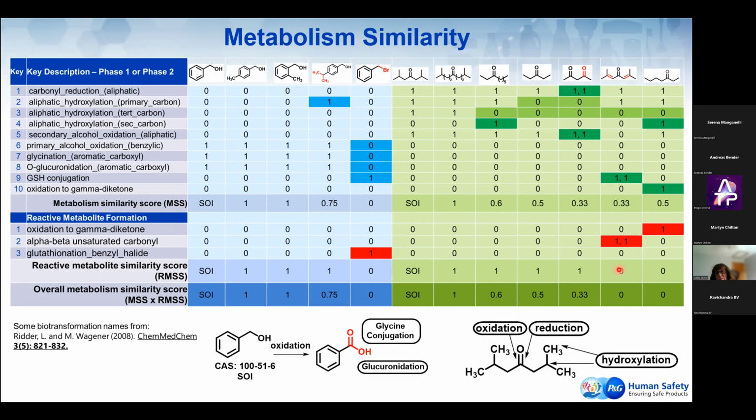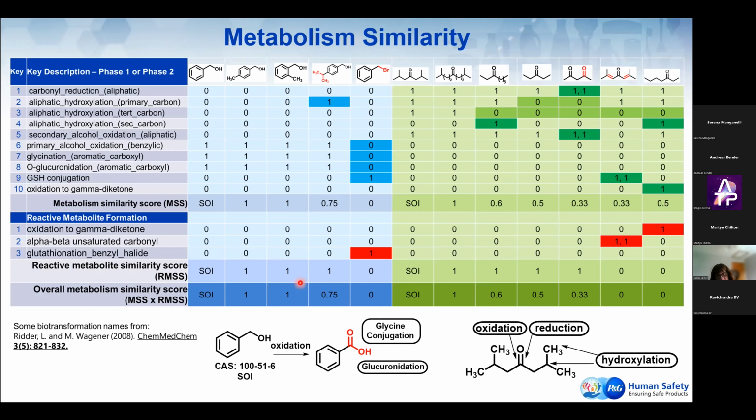For the diisobutyl ketone, we know that 3-heptanone is going to form. We know that will form gamma diketones. And we know our alpha beta unsaturated carbonyls are also reactive, and our benzyl halides. So that's all taken into account.